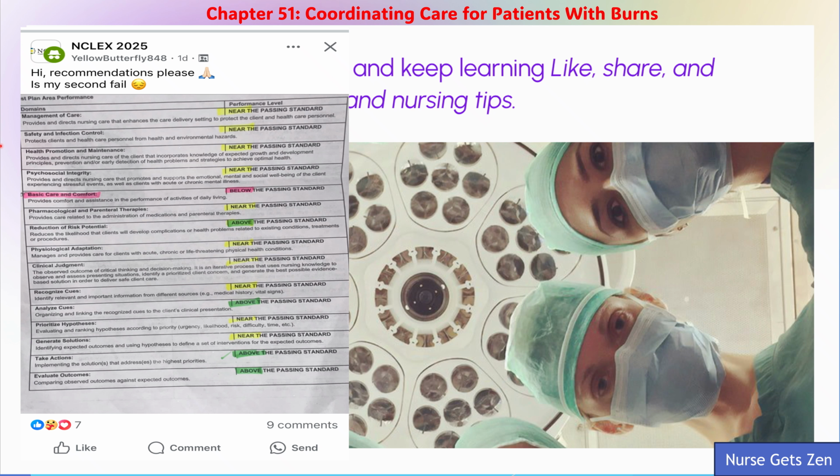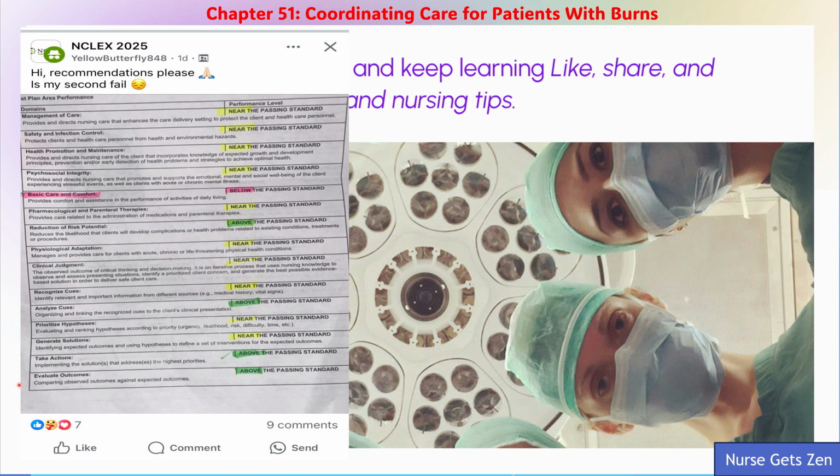Those domains include the traditional 8 categories like management of care, psychosocial, safety, health promotion, basic care and comfort, and clinical judgment, which is hugely focused on the new exam. I call it all 15 domains.